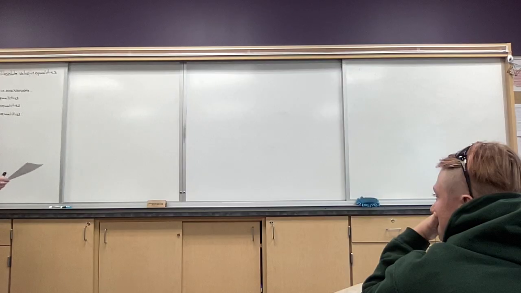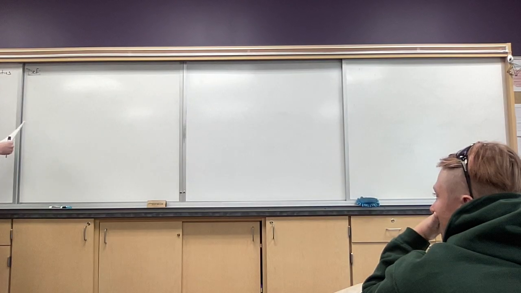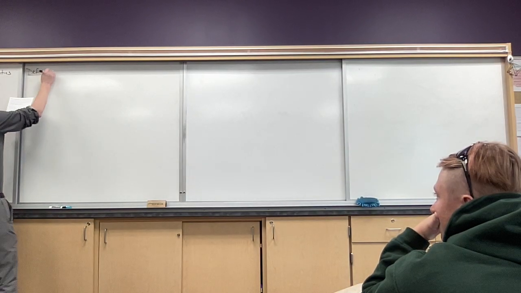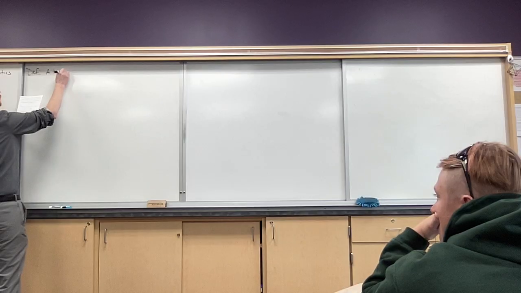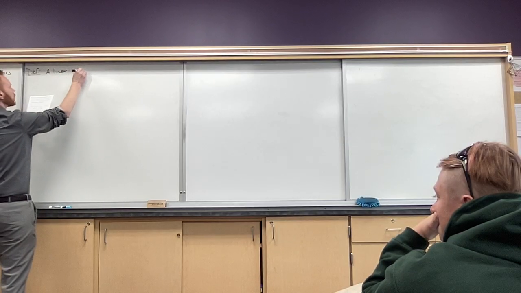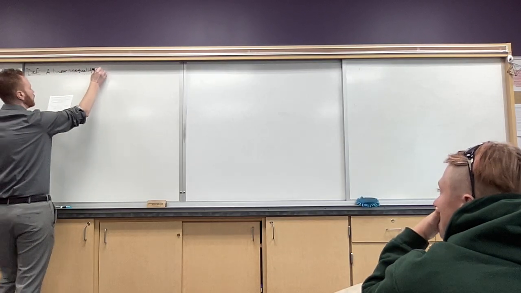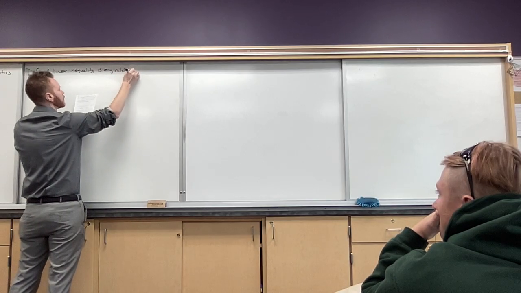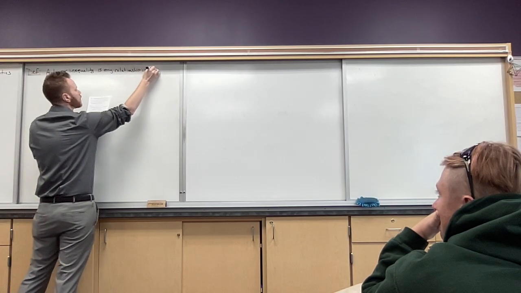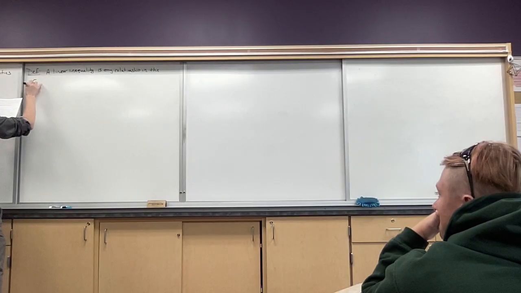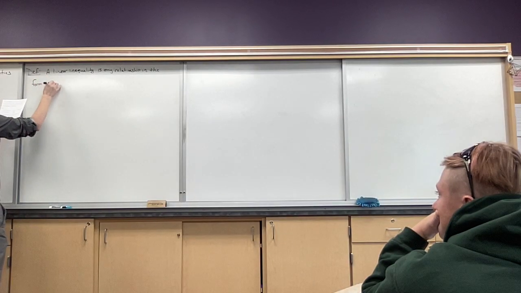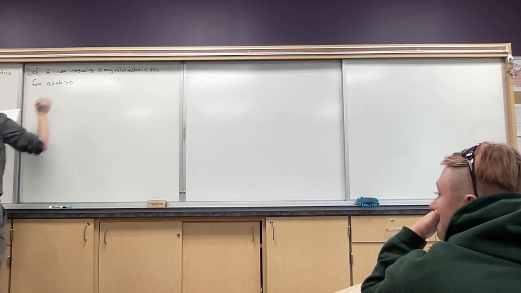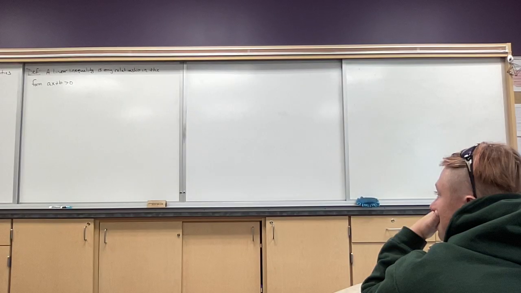So first up, what is an inequality? How do we define it mathematically? Well, a linear inequality is any relationship in the form ax plus b greater than 0. If you remember when we talked about linear equations, we use the exact same symbols, right?